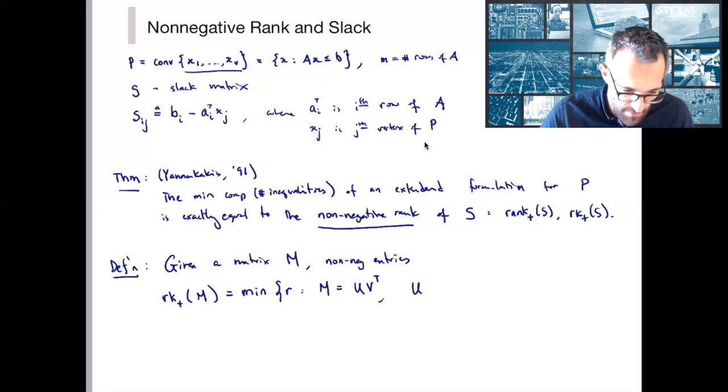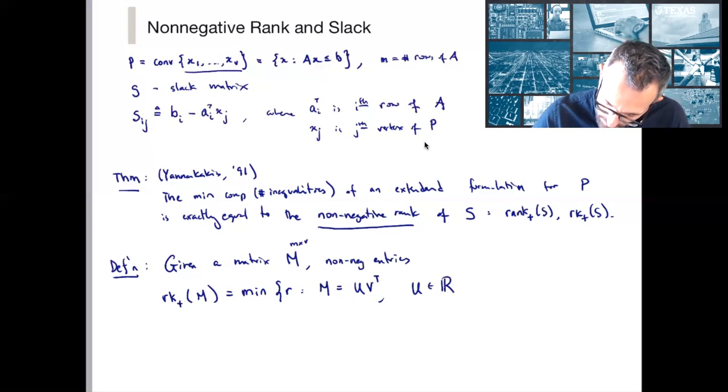So if M is, let's say, an M by V matrix, since this is what we have in our example above, then that means that U has to be M by R, and it has to be non-negative.